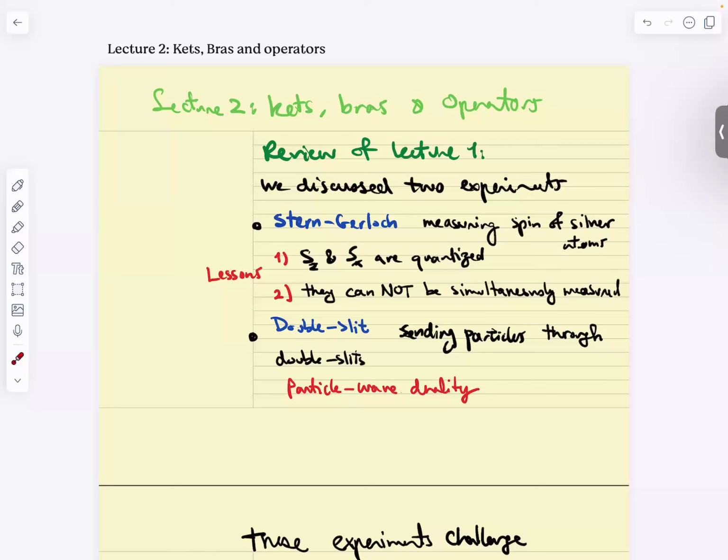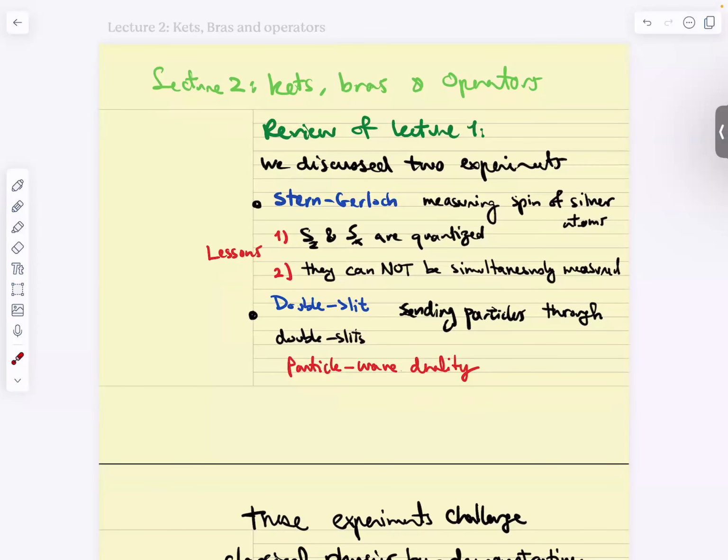They would either bend upwards or downwards. And this was our measurement. We rotated this from measuring the z-axis to the x-axis and the y-axis, right? And then we repeated this in different configurations. That was the content of the Stern-Gerlach experiment.